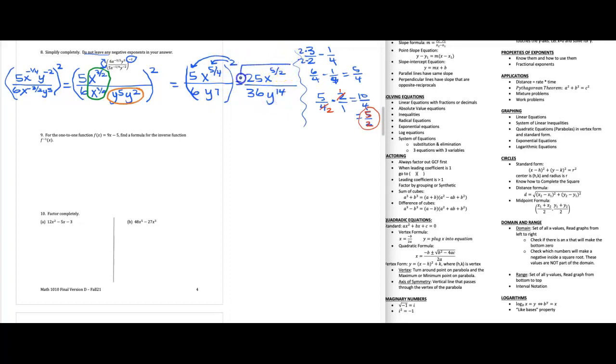And then everything is done. I've got my numbers. I can't simplify that fraction anymore, but if I could, I'd want to. My x's are together, my y's are together. I have no parentheses left in my answer. I have no negative exponents left there, so it is done.